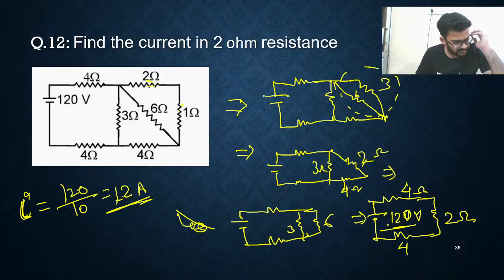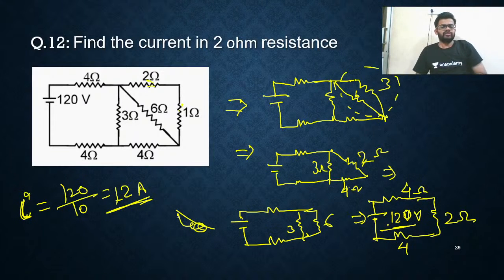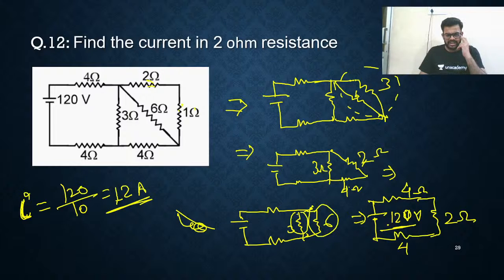Yes, my dear. So you got the total current coming out of the battery. Now you need to find the current passing through this branch. Which branch? You can see 2 ohm and 1 ohm. So from this branch, how much current is passing? We have a simple method. This is 6 and this is 3. So from 6, how much current is passing?